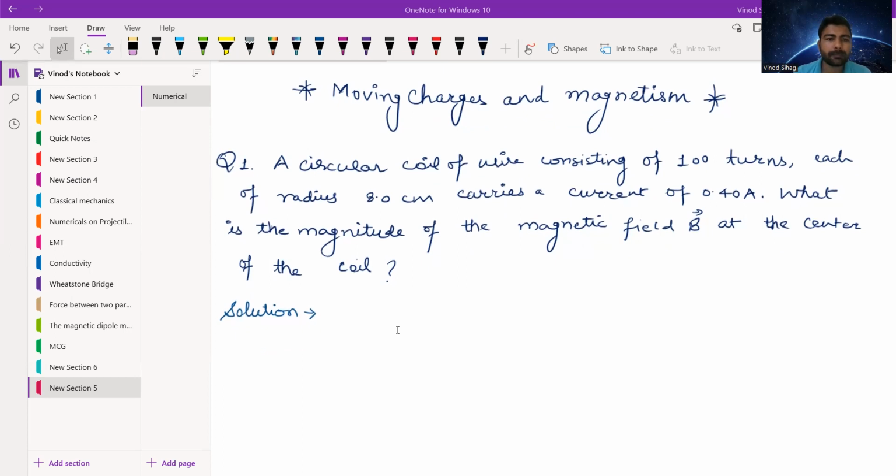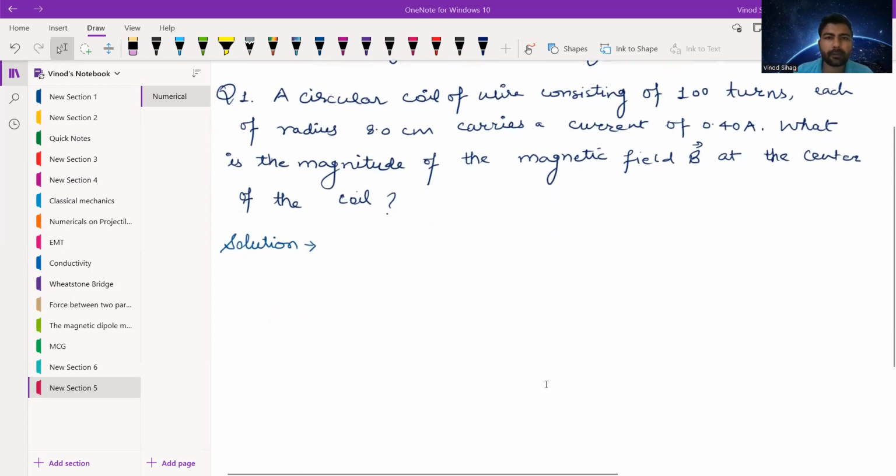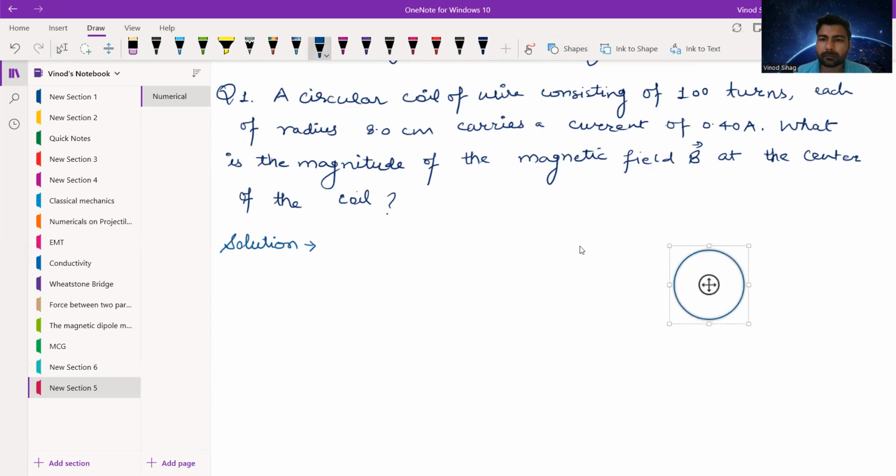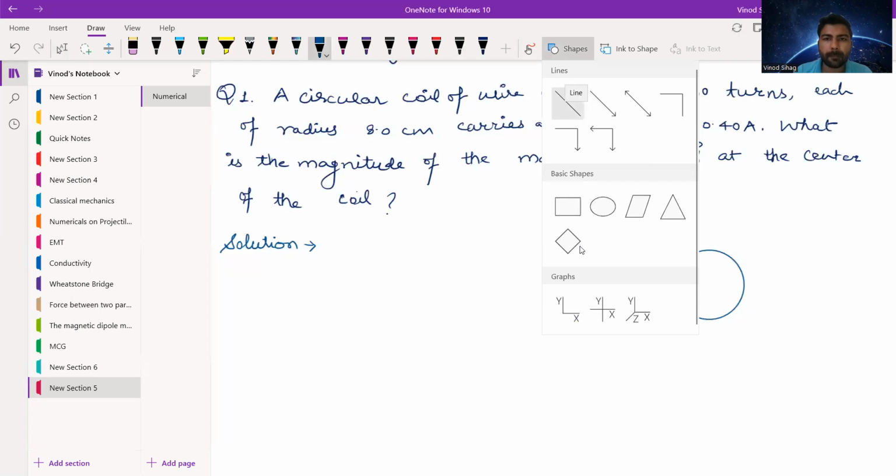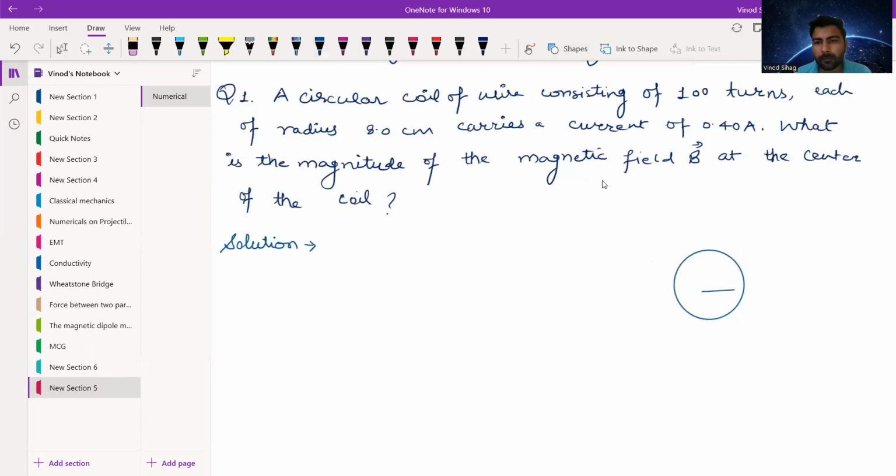Okay, so as we know, for a circular wire, the magnetic field at its center is given as, let me draw the diagram so we'll get the idea. This is the circular wire, and the radius of the circular wire is 8.0 centimeter, and the current which is flowing is 0.40 ampere.